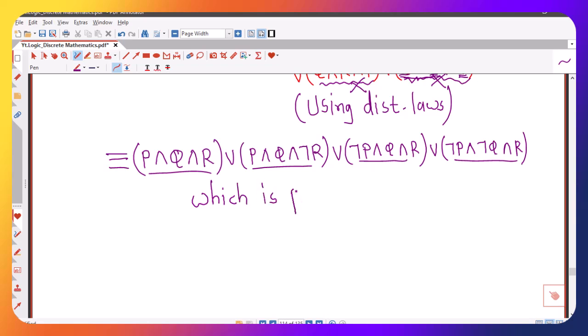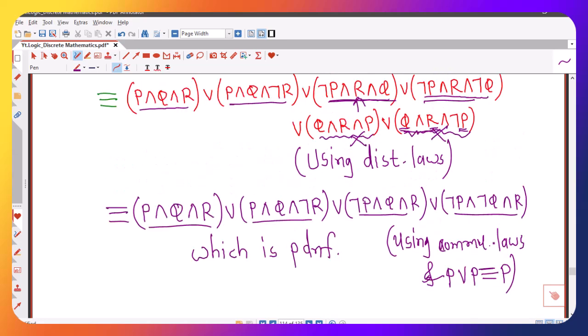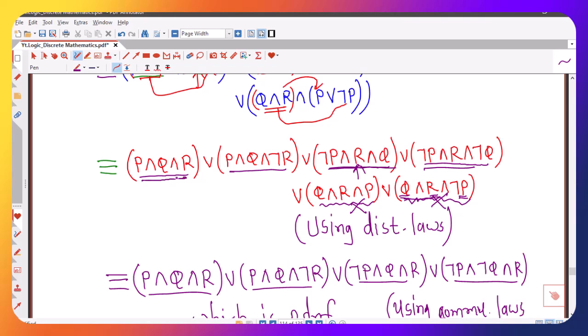the principal disjunctive normal form. And what we have used here, we have used commutative laws as well as this logical equivalence: P or P is logically equivalent to P. Here we have used that fact.